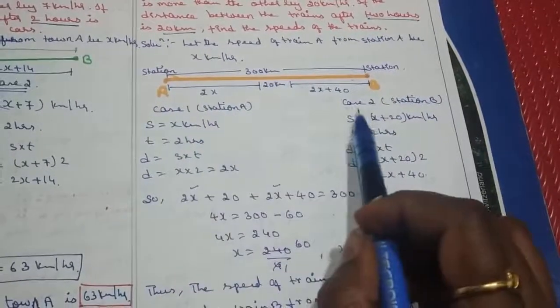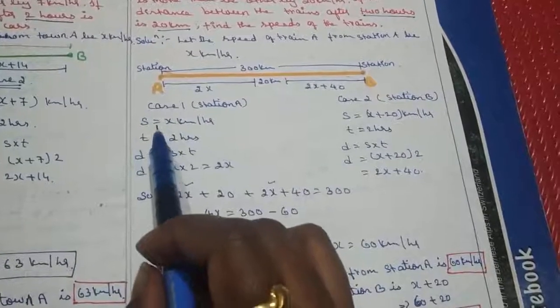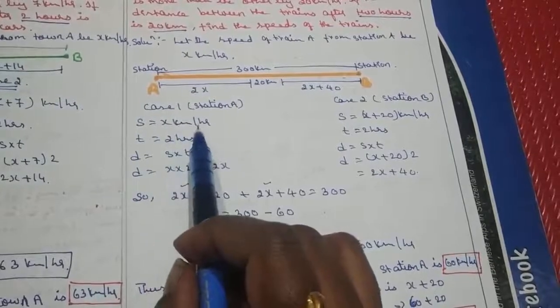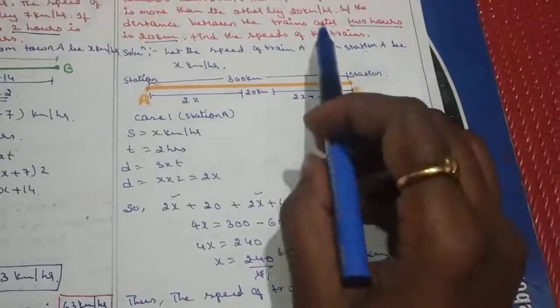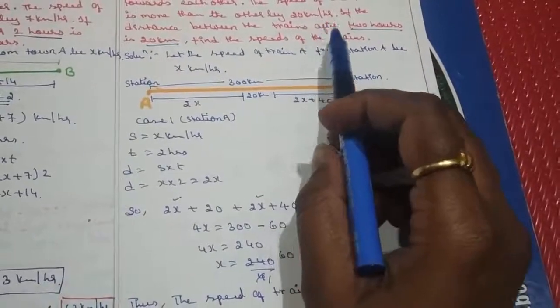So case 1, case 2, same as we have done earlier. Speed is equal to x kilometer per hour. In station B it becomes x plus 20, because he told that it is 20 kilometers per hour more.